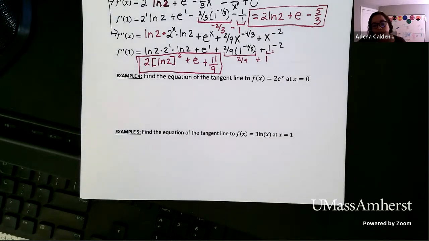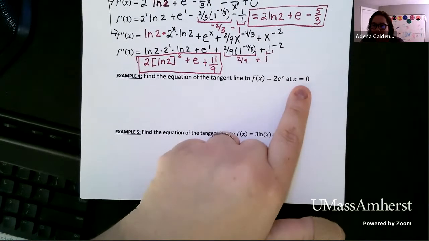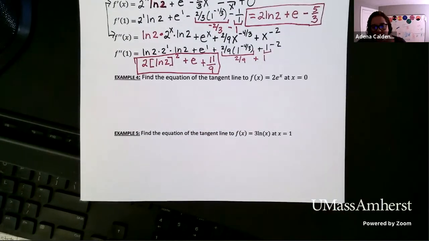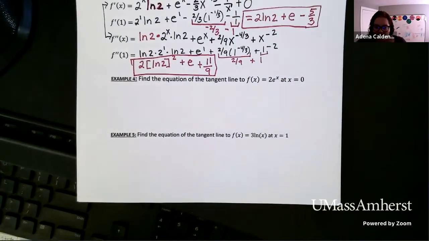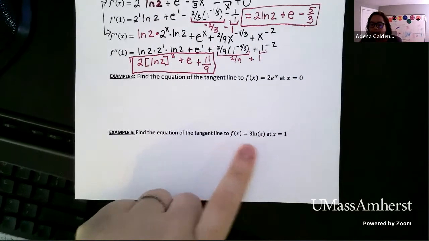The slope comes from the derivative, and for the point, we have half the point given in the problem. We need to plug it in to get the y value. Once we have the slope and the point, we use y equals mx plus b to find the equation of the tangent line. So same process as last class, but with a new function here to work with.